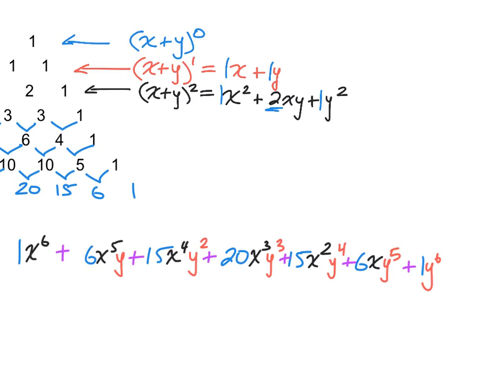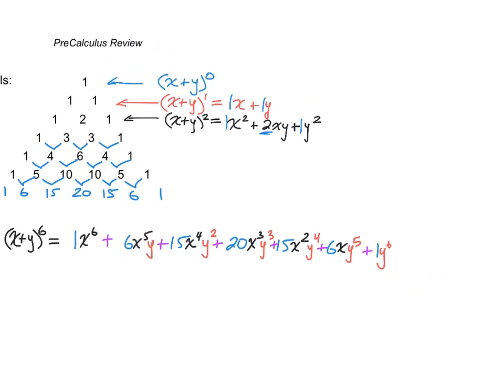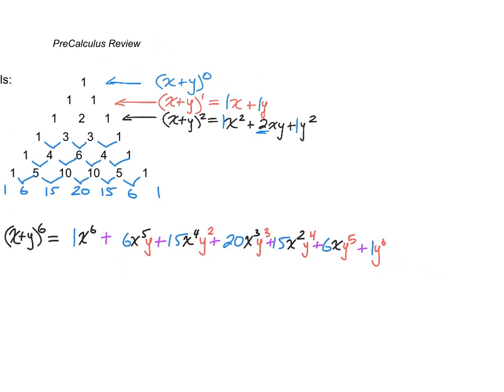Oh, I'm locked out of erasing it for some reason. Oh, because I wrote it out of sequence. I'll just leave it. But you could ditch the 1s. You don't need 1x to the 6th, 1y to the 6th, but you could leave them in there too. I was going to say nobody ever took off credit for something like that, but I'm sure somebody has. I've never taken off credit for having 1x to the 6th as opposed to just x to the 6th. All right, so that's the full-blown expansion of x plus y to the 6th.